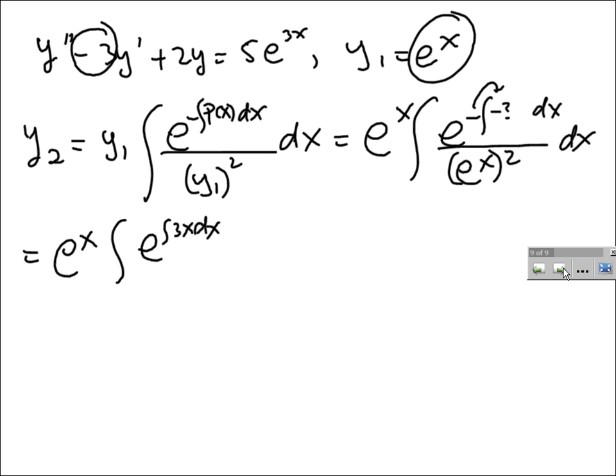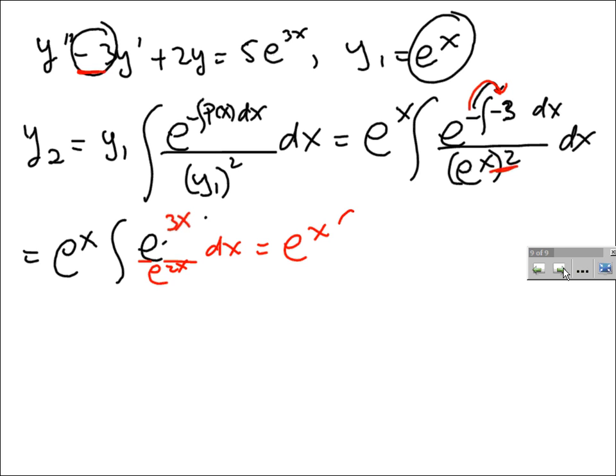Sorry, it's just 3. What am I saying? Like I said a moment ago, p of x is negative 3. The integral of p of x dx. So what's going to happen is this is just going to become the integral of 3 dx, which is 3x, over e to the 2x dx.